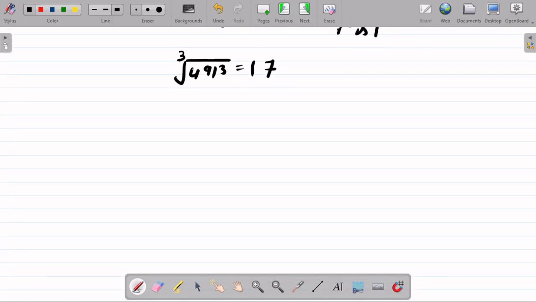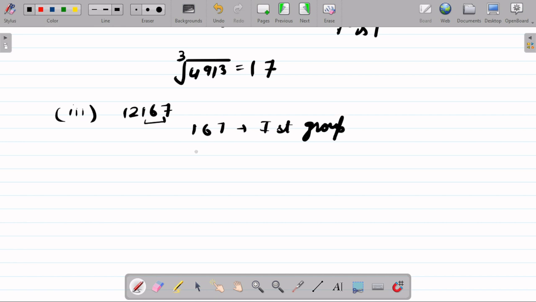So moving to the third part of this. Similarly for the third part, 12167. The first group will be 167 and 12 will be in the second group.